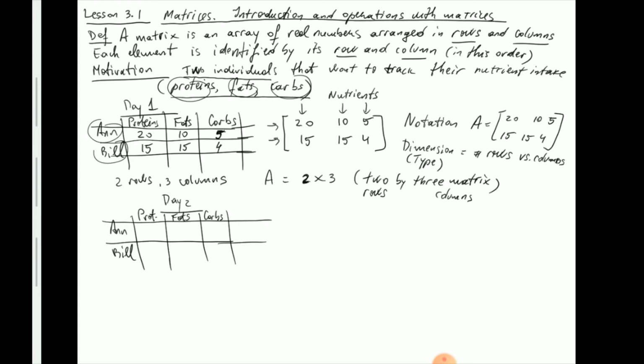Let's say in that day we have 5 proteins for Anne, 5 fats, 2 carbs, and then for Bill, I don't know, 10, 2, and 5. Again, I put too many 5s. Anyway, I don't know if that's realistic, but let's call this matrix B. So it's going to be 5, 5, and 2, 10, 2, and 5.